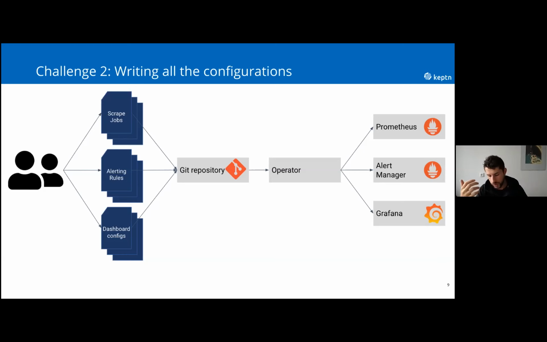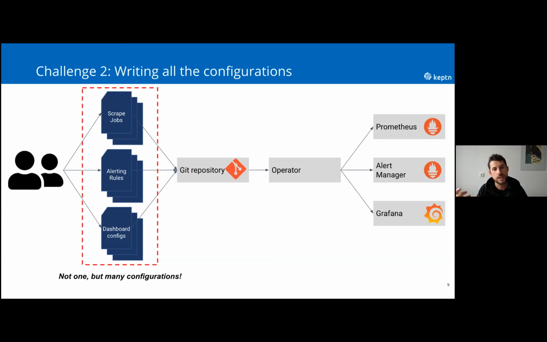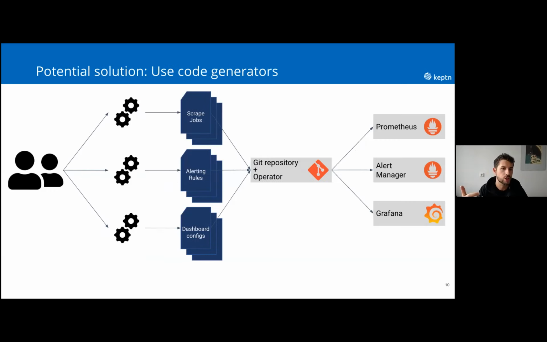So what we think is a great idea is that for writing all these configurations, make use of code generators. We found a couple of them, and we also saw that a lot of organizations write their own code generators.